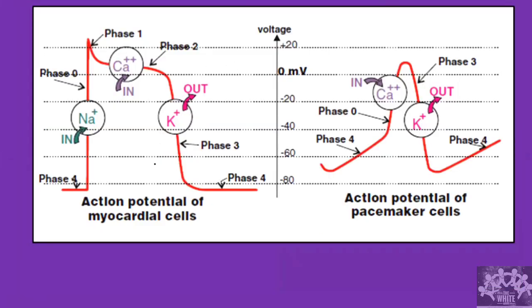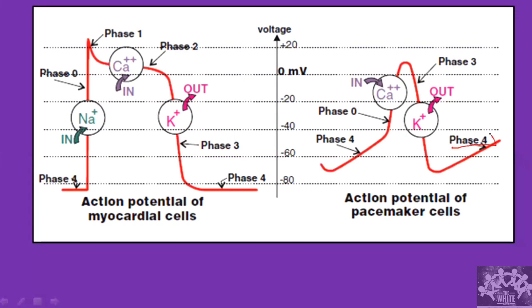So coming to the action potential that is generated. This is very important to understand the role of electrolytes as well as how the autonomic nervous system can affect the heart. This is the action potential in the pacemaker cell, which is the SA node, AV node, or Purkinje fibers. And this is at the level of the myocardial cells, which are the muscular cells. There is a very important phenomenon happening here called phase 4 depolarization.